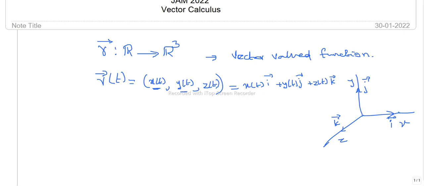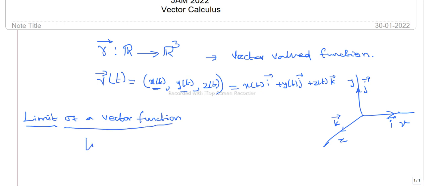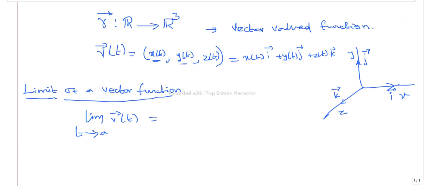What do we mean by limit actually? The next definition is the limit of a vector valued function. How do we define the limit of the function at the point a? That is, the limit as t approaches a of r vector of t. It is the same definition we discussed earlier: you take the limit term by term.